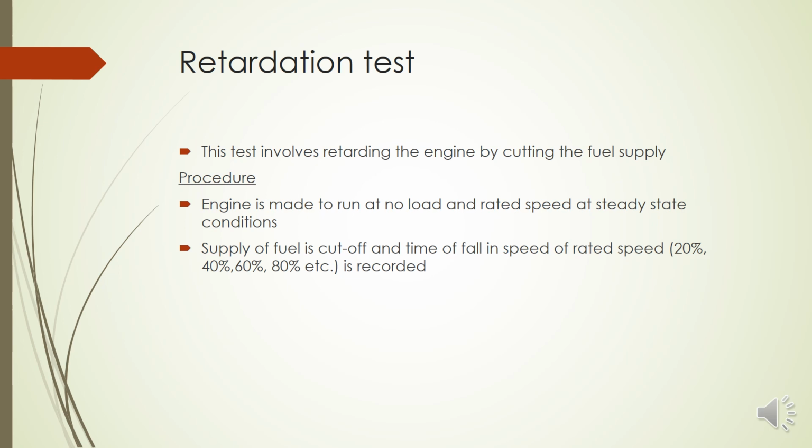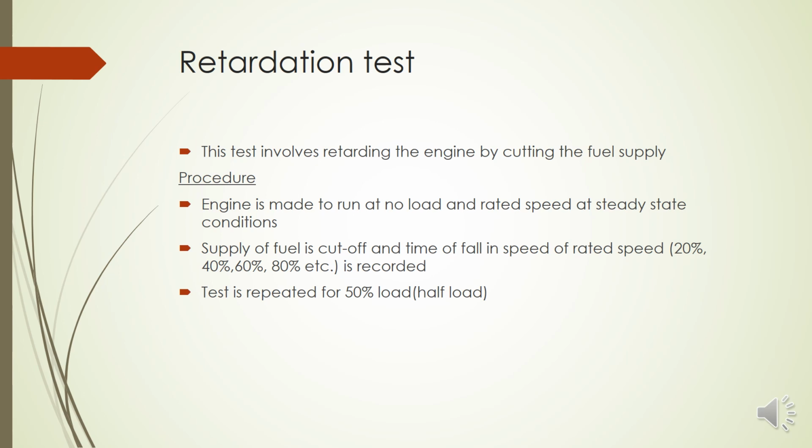After that we completely cut off the fuel supply and the engine will stop. If you cut off the fuel supply to 0, the engine will stop, and the speed will drop to 80%, 60%, 40%. You just have to note the time with the help of a stopwatch, the time taken for reducing the speed to 0.